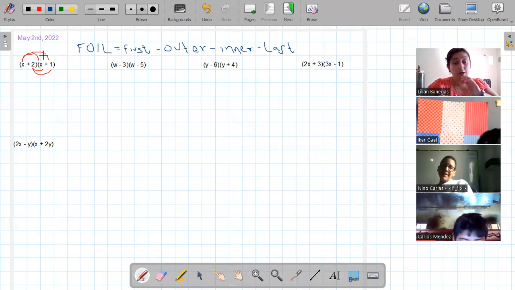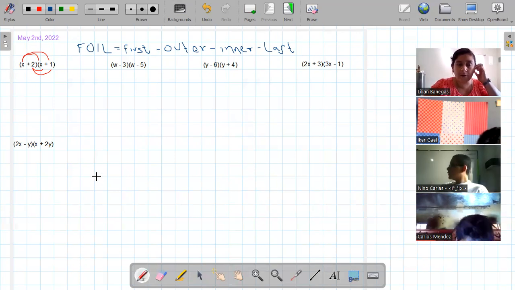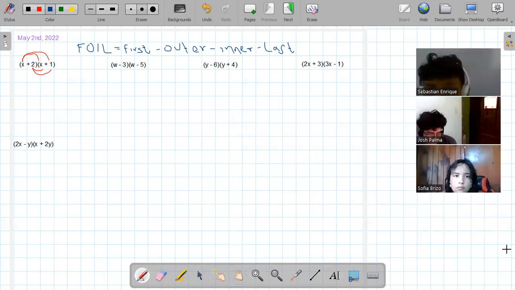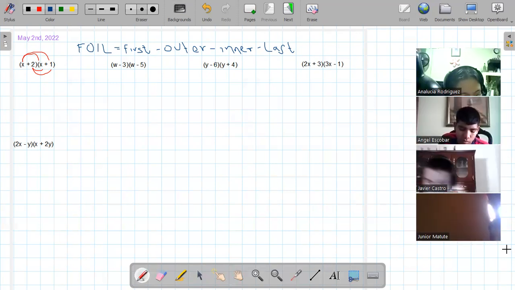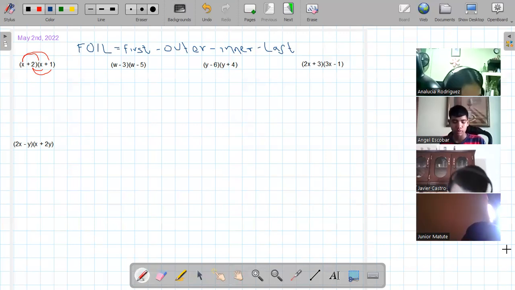So we're going to do a distributive property separated in pieces. This can actually be multiplied in a different way that I'm going to show you after we solve it with FOIL. So first, we're going to use FOIL. We're going to do the multiplication exactly the same way as when we multiply a monomial times a polynomial. So x times x.